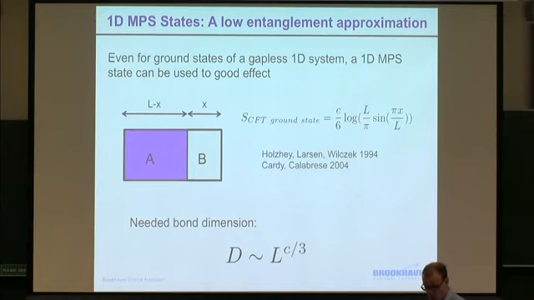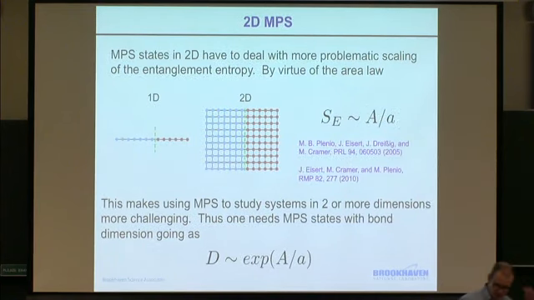But now what happens when you go to 2 dimensions? Well, in 2 dimensions, things become more problematic, because in a one-dimensional system, when you consider the entanglement entropy, you're just cutting the system at one point. And that really restricts the amount of entanglement in the system. But in 2 dimensions, by the area law, when you cut the system into 2 pieces, the entanglement is going to go as the length of that boundary.